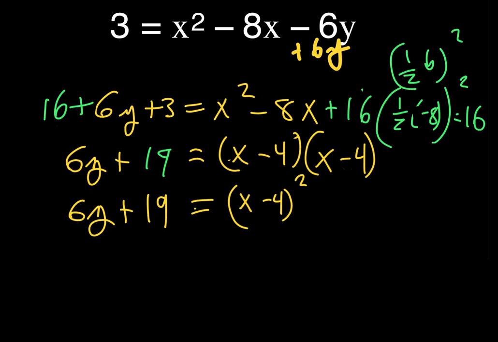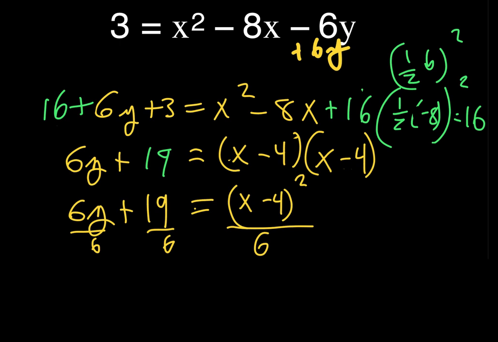The next thing I need to do is I need to take this number. I want this now to be a 1. In order for the coefficient of the y to be a 1, I have to divide it by 6. I have to divide this by 6, and I have to divide this whole thing over here by 6.